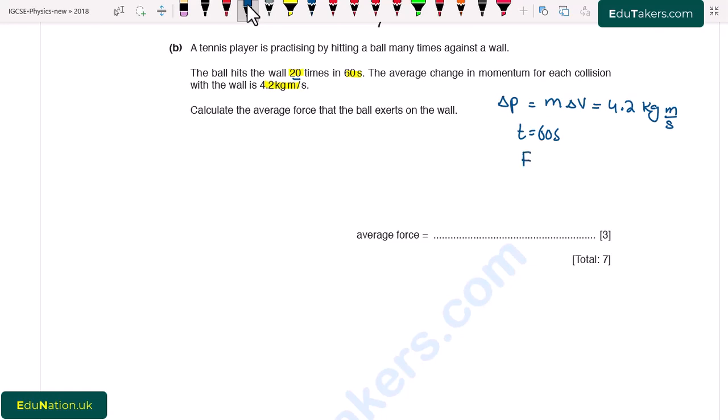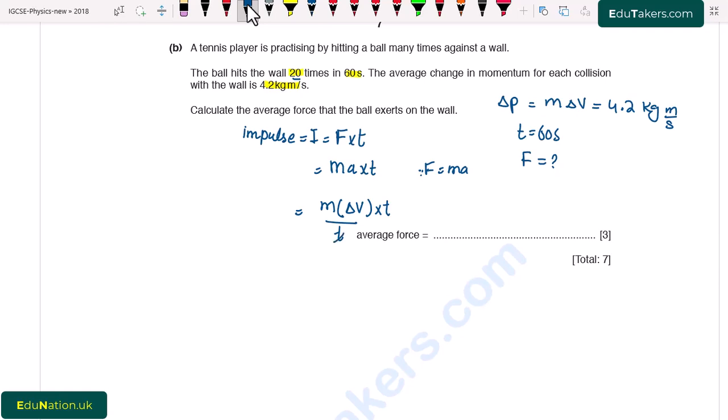Here we have to calculate force. And we know that impulse, represented by I, is the product of force and time. And we know that force is equal to ma according to Newton's second law. So acceleration is actually change in velocity, that is delta V, divided by t.